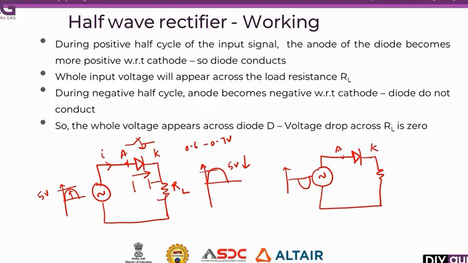See, this anode, current flows in this way, but this anode is more negative when compared to the cathode, so this will not conduct. So this current won't be allowed in the reverse direction, so during negative half cycle you won't get any output waveform. I will draw the positive also, but during negative half cycle you won't get any output voltage.